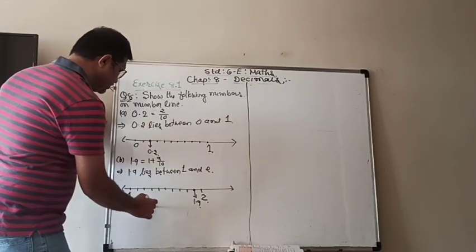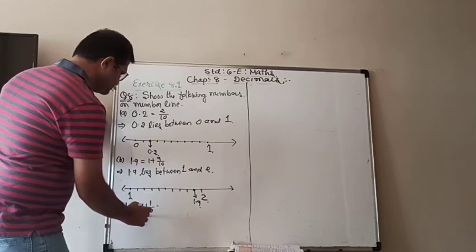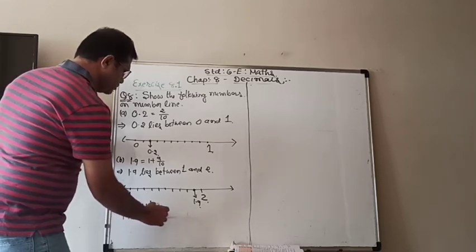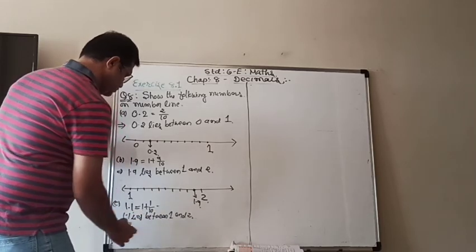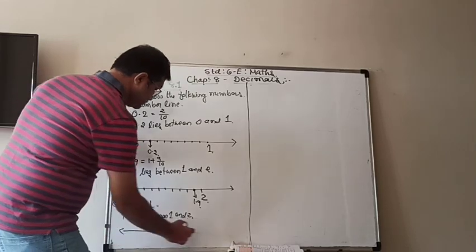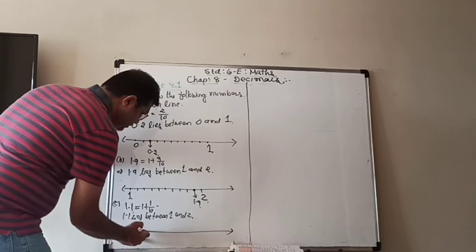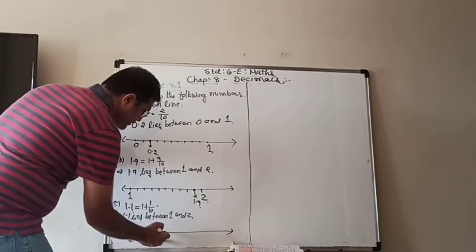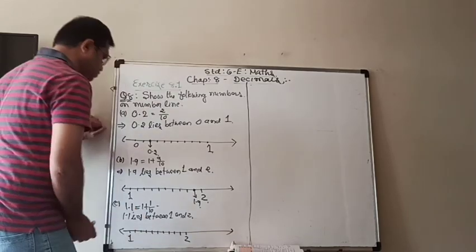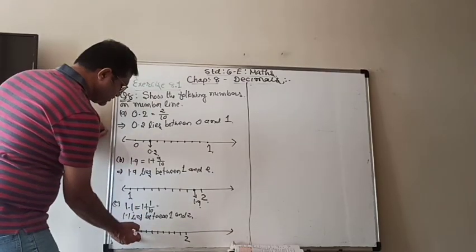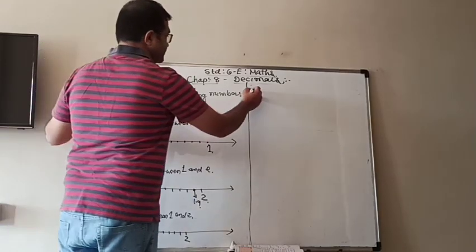This is 1 plus 1 upon 10, so it also lies between 1 and 2. So now between 1 and 2, 1, 2, 3, 4, 5, 6, 7, 8, 9 and here 2. And the first part means the next number, 1.1.